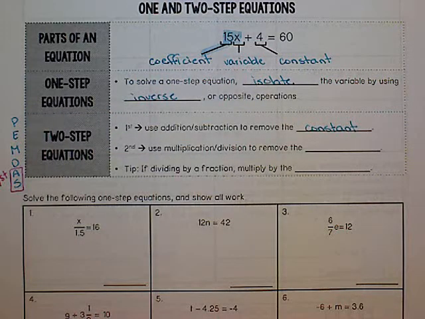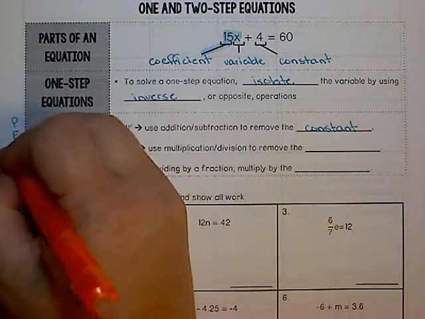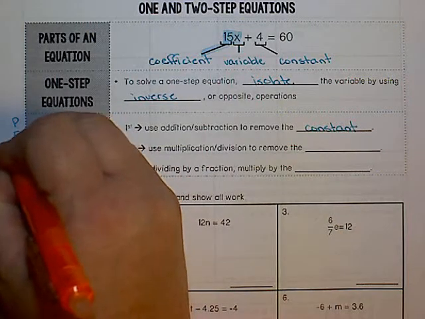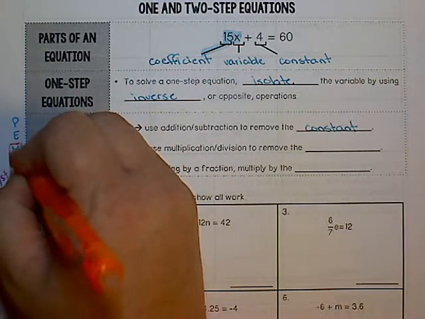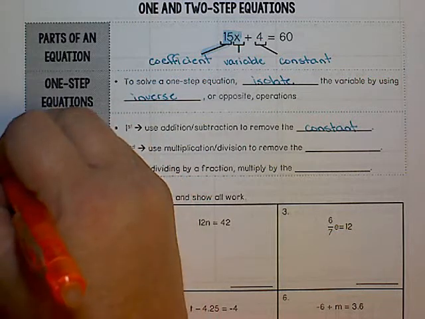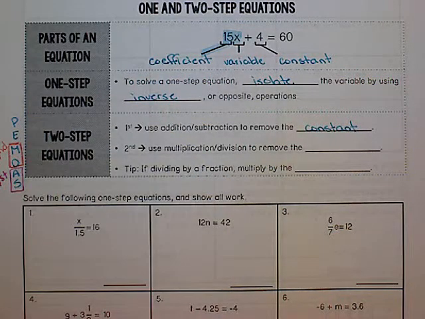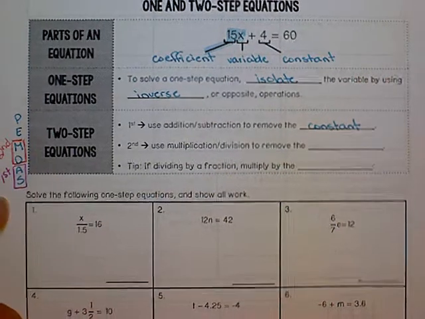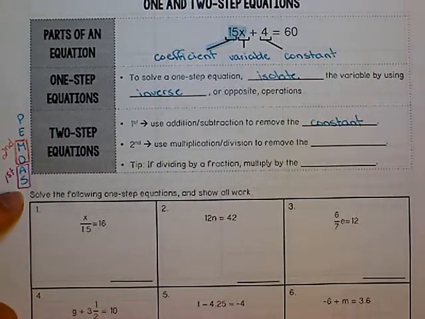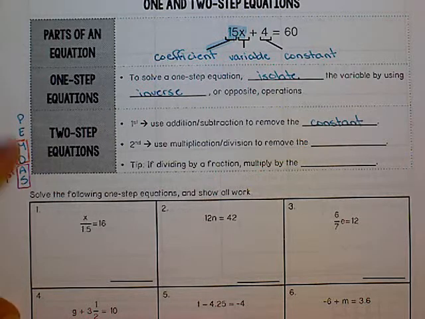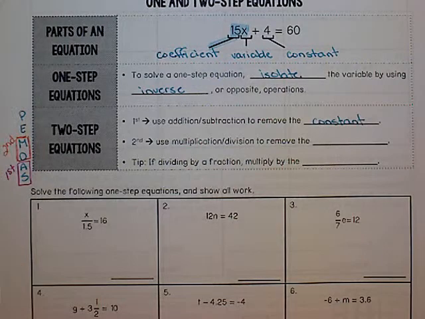Let's see if I can find another color. I could have orange. So on a two-step equation, you're going to work your way through and do this second. Now, the parentheses or exponents, that's for when you have multiple step equations, but I just want you to remember that you're almost working through PEMDAS upside down. SAD-MEP. You're going to go through this in the opposite order in which you typically know the PEMDAS.